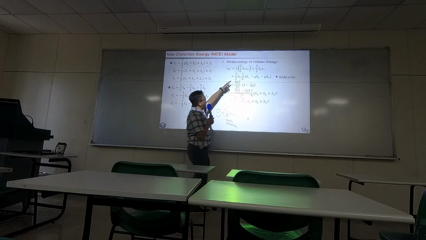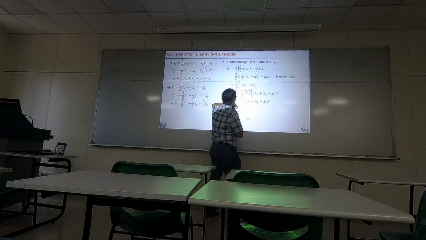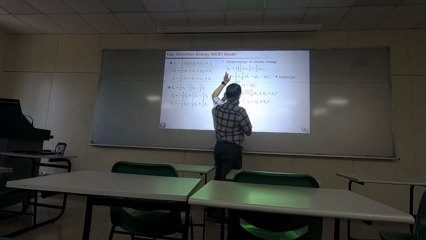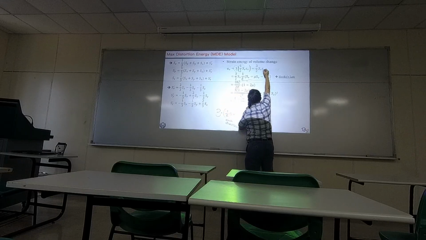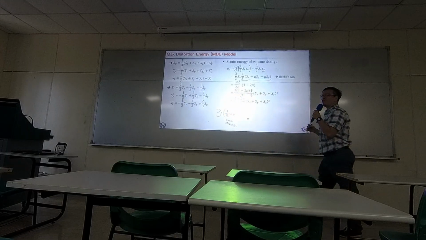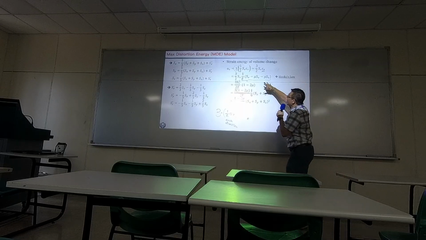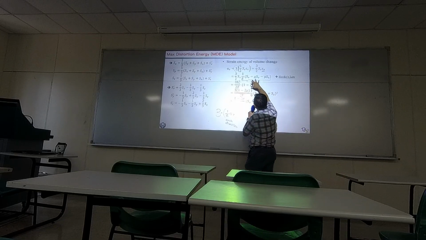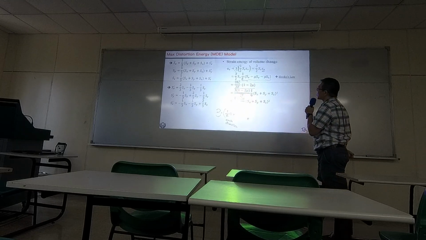So at the end, you have this 3/2 times the SV and the strain V, and this is from Hooke's law. Even for volume change, Hooke's law is still valid, so you can plug in Hooke's law. Organizing the terms, you end up with a new equation like this.